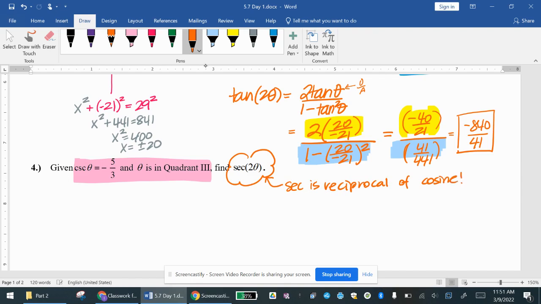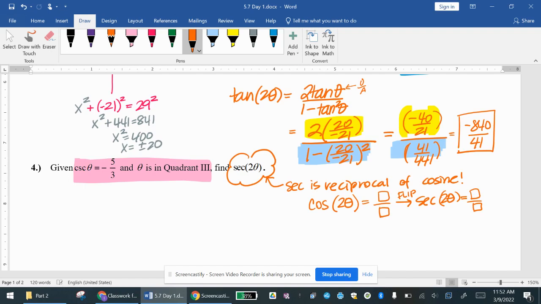So what we could do is find the double angle cosine, whatever it is, and to find the secant, we can just flip it. So you can just flip the original fraction or reduced number for cosine of the double angle.